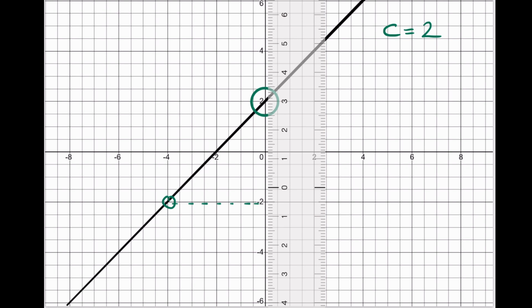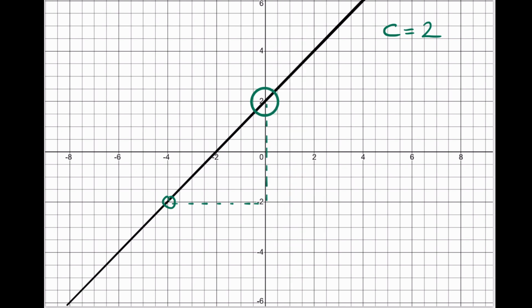So next, I draw my vertical line. Now I need to count how high my vertical line is. Between -2 and 2, the size is 4. And then between 0 and -4, the size is also 4.